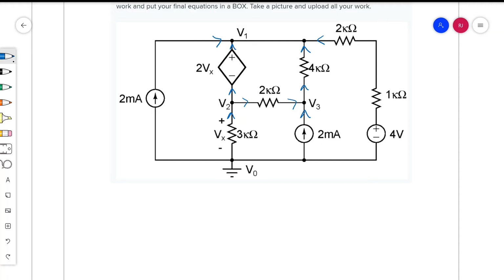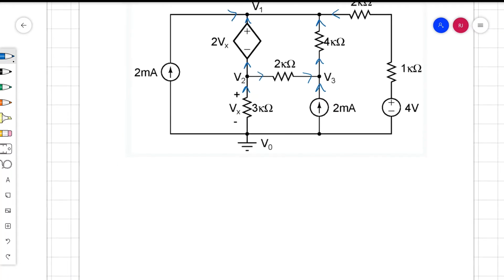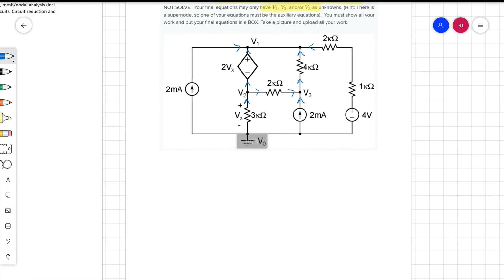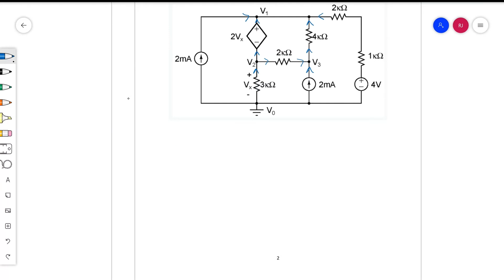Now I'll start writing the nodal equation for node V1. So here's V1, and we have this 2 milliamps coming in from this one, and then we have some current coming from the bottom branch or wire. Since we don't know how to characterize that at this time, we'll just call it IC.